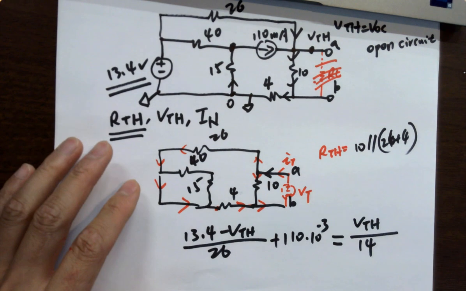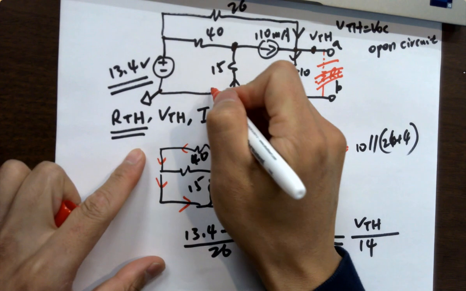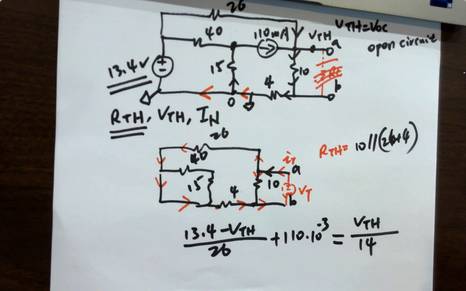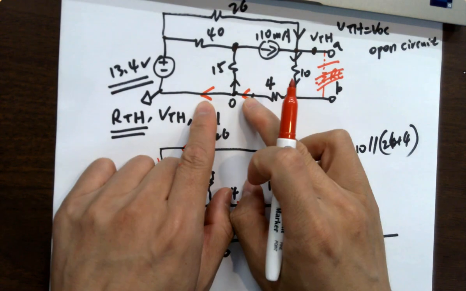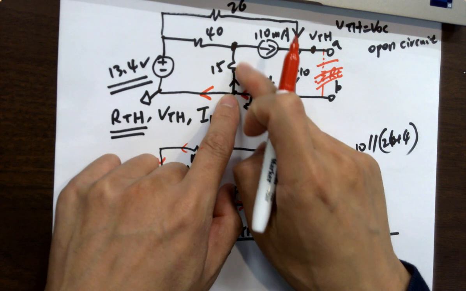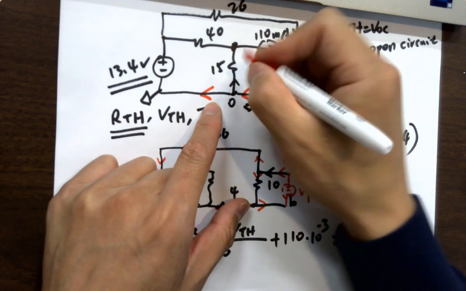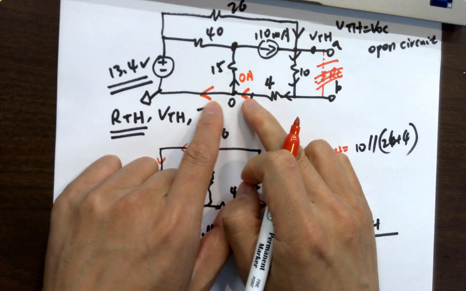So another question. Is this current the same as this current? No, they're not the same since you have another current over here. According to KCL, they shouldn't be, unless this is 0 amps.